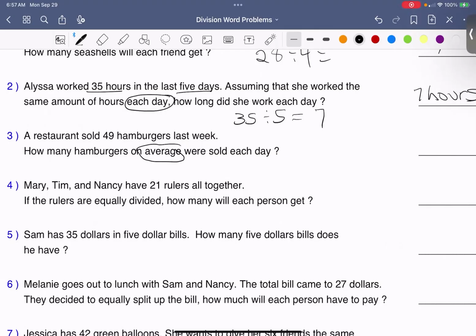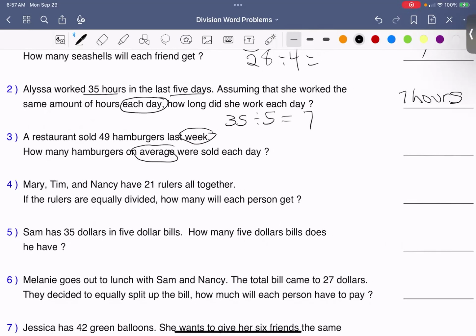So in a week, there's 7 days. So you need to know that in a week there's 7 days in order to get the average. So 49 divided by 7 is equal to 7. So 7 hamburgers were sold each day.